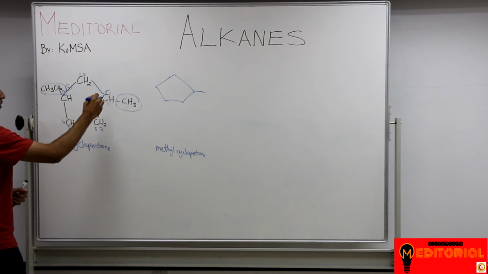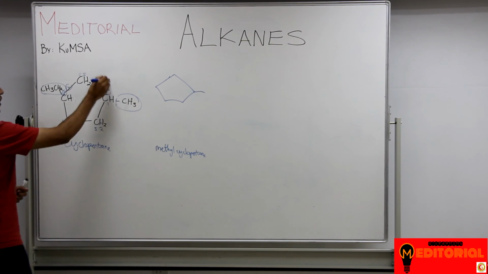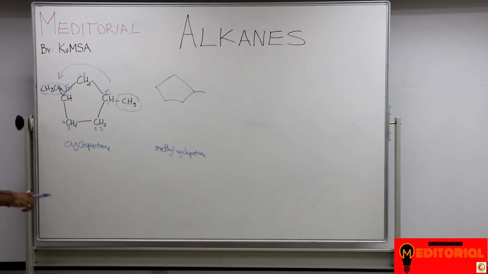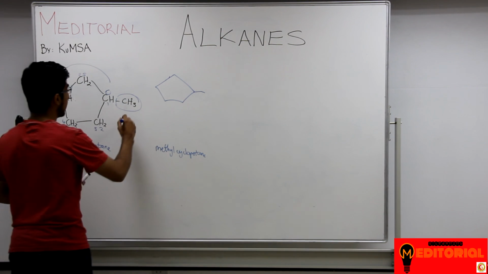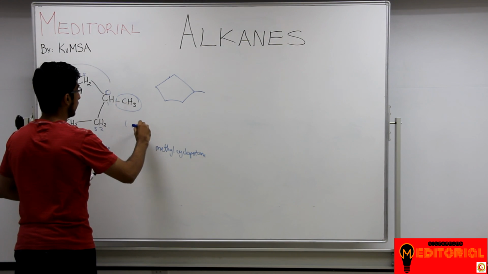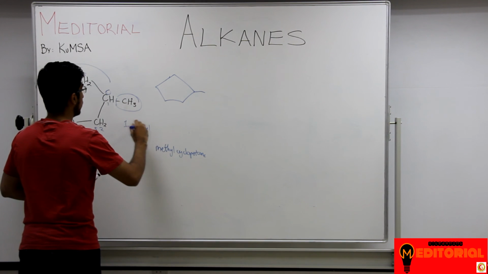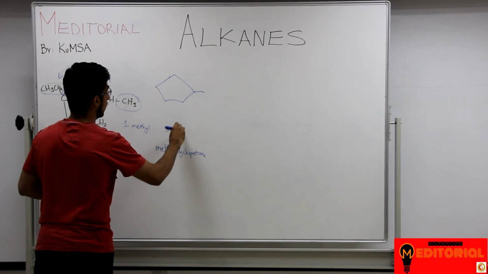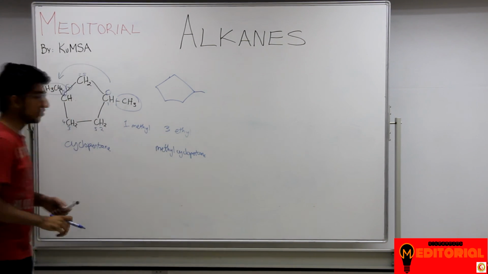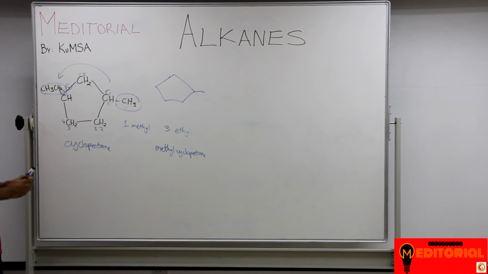So I'm going to stick to an anti-clockwise counting rotation. So I have 1 methyl, and I have 3 ethyl. Now, how do I know which one goes first? We do it according to alphabetical order, believe it or not.